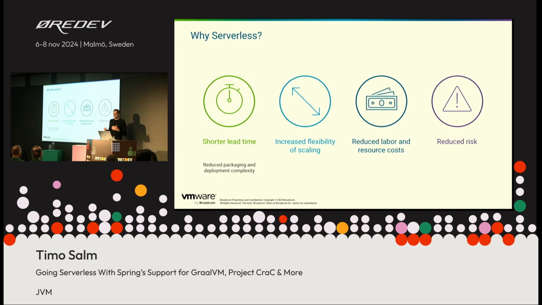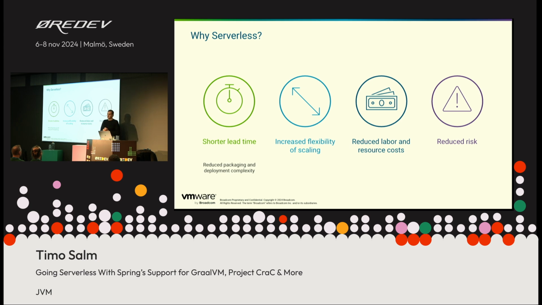The why? Shorter lead time, which means that because of the reduced complexity regarding packaging and running applications, you are faster and can provision stuff faster. Flexibility in scaling: as already mentioned, especially with examples like AWS Lambda, you have huge flexibility in how much you can scale, which is also something you have to control in a way, otherwise it will be really expensive.